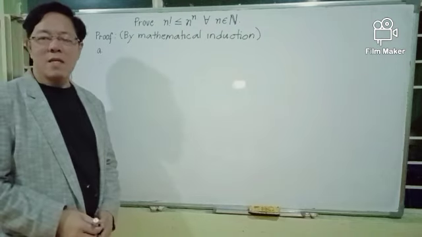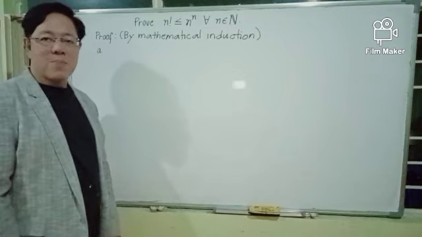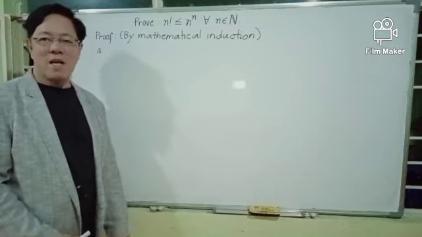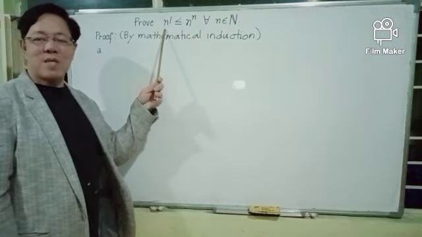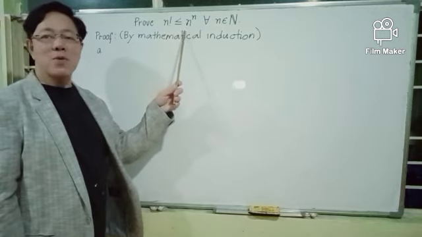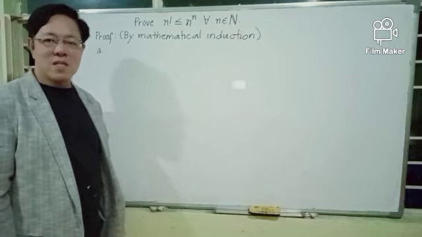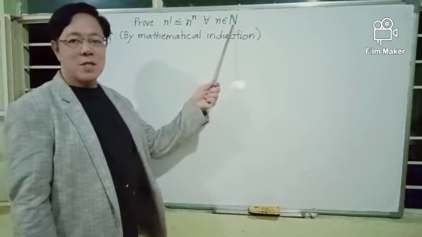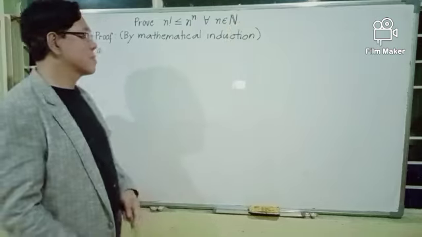As in our example last lesson, in the first part of the proof by mathematical induction, we must show that this mathematical statement, n factorial less than or equal to n to the power n, is true for the smallest positive integer, or smallest natural number, n is 1.